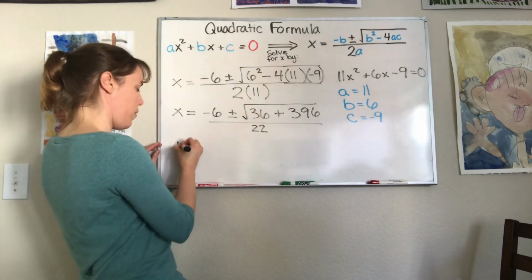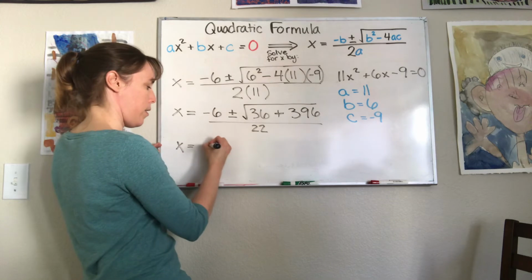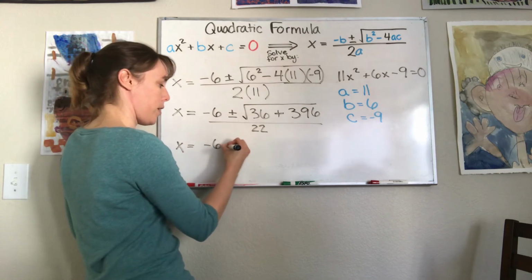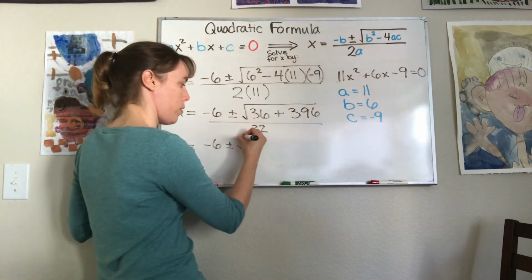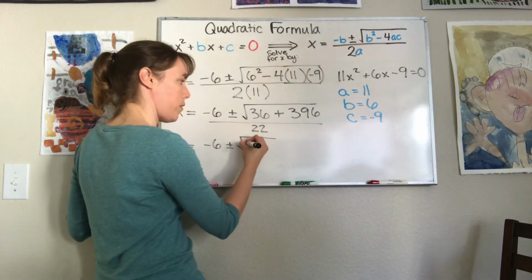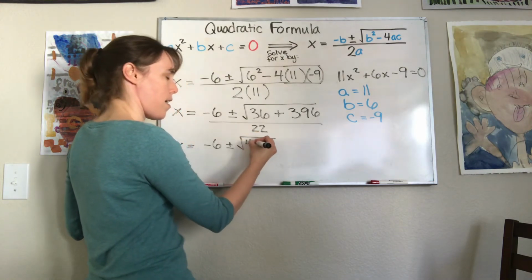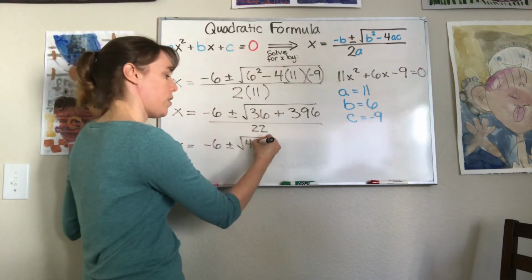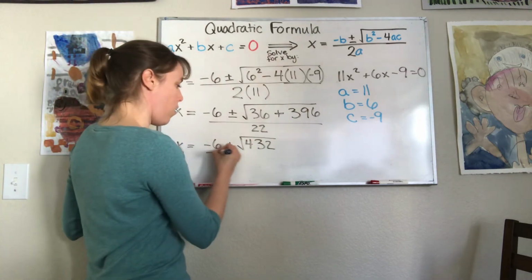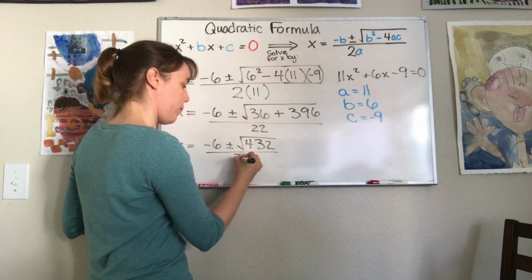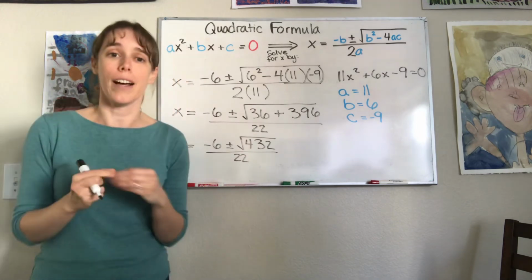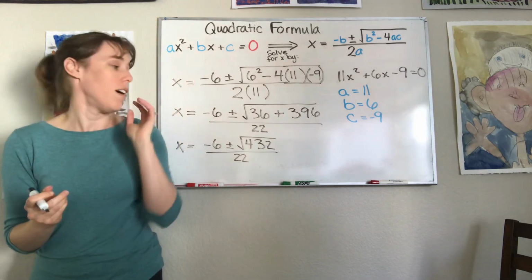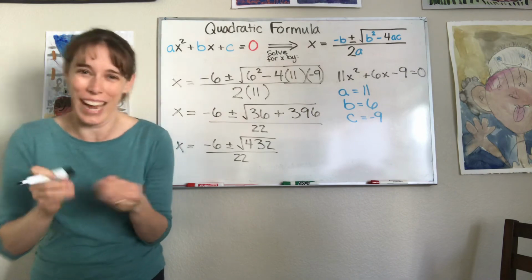And I have this. Negative 6 plus or minus the square root of, oh my goodness, 432 all over 22. Now, believe it or not, this is an exact answer. It's not a useful answer, but it's an exact answer.